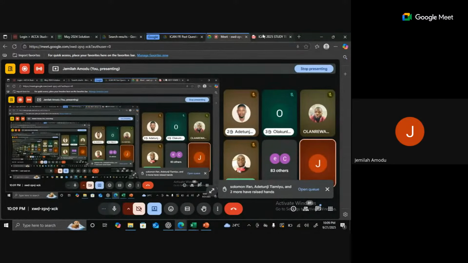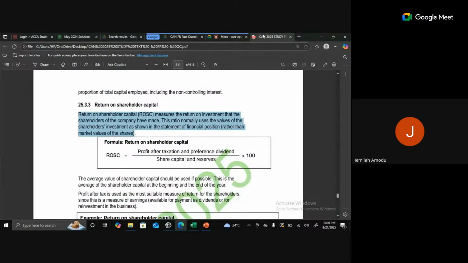Good evening. Just a contribution to what has been said around the profit after taxation and preference dividend. I think from the way it is stated, profit after taxation and preference shares.